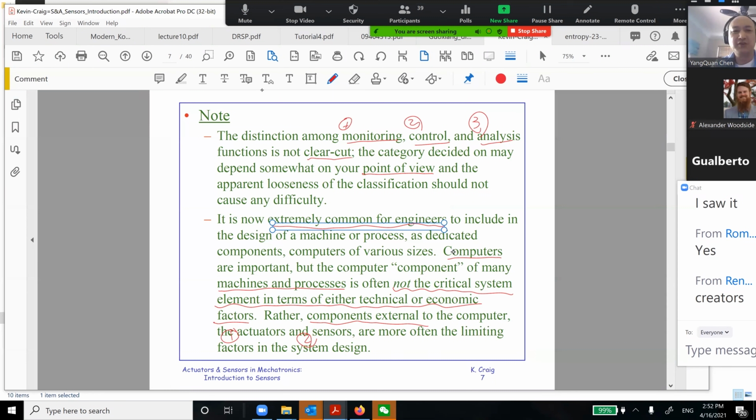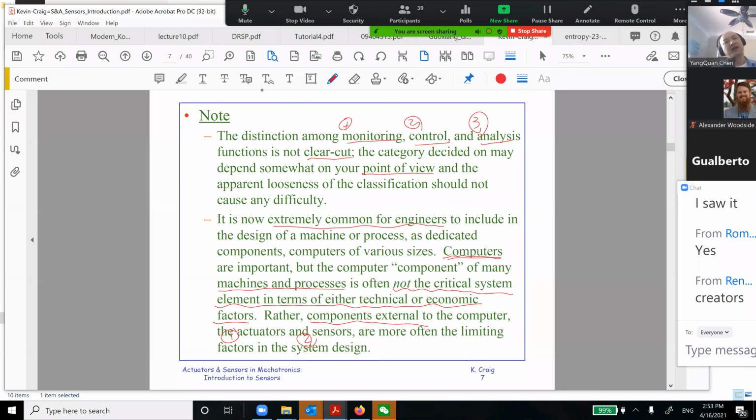You know how to do computer programming, click the mouse. Yes, they are important, but consider that it is only a component. So those components external to the computer, sensors and actuators, are more often the limiting factor in the system design.